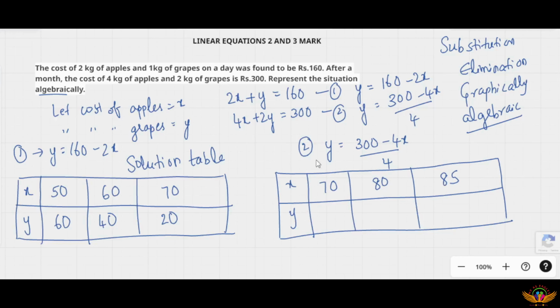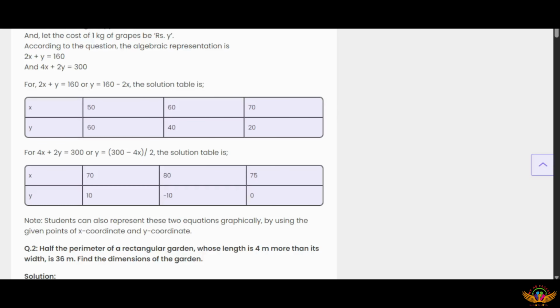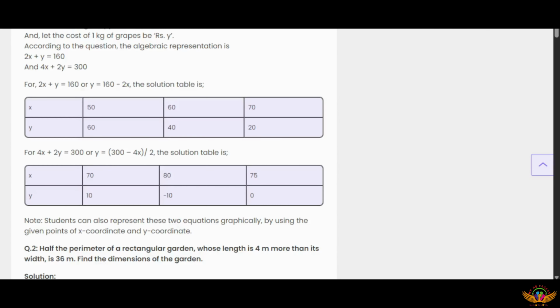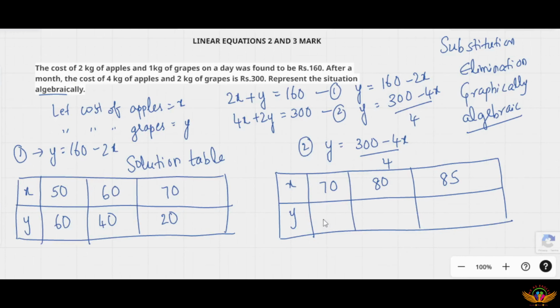If I take 70, 300 minus 4 into 70 becomes 280. So it becomes 300 minus 280, divided by 10, that is 2. 7 4s are how much? 28, right?